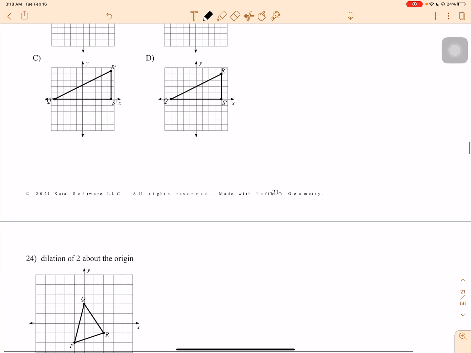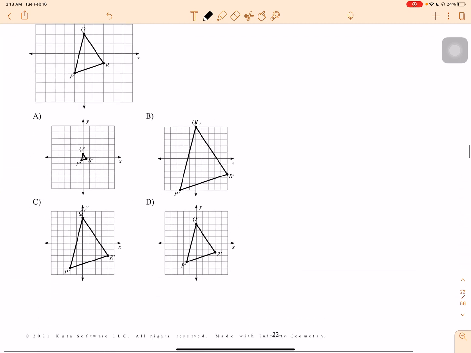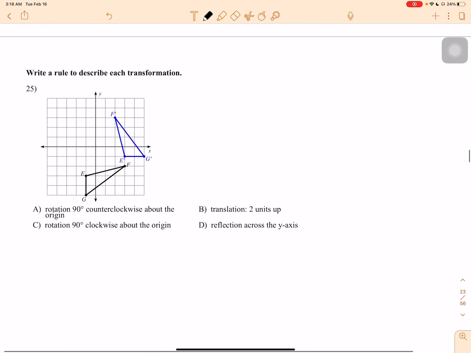Dilation of 3 about the origin, same idea. Dilation of 2. Here's another thing you guys want to do is actually identify what transformation is happening here. Okay, so here it looks like a rotation for sure. All right, so you see how we start at F and then we go to F prime.